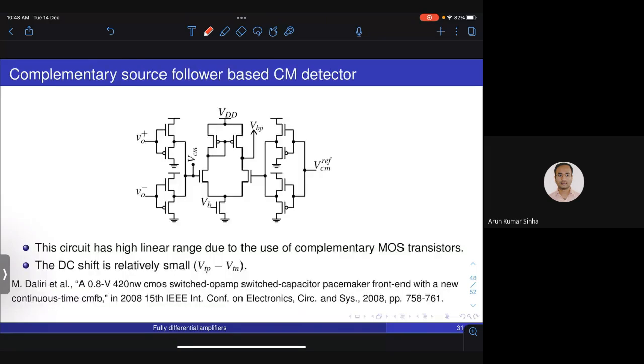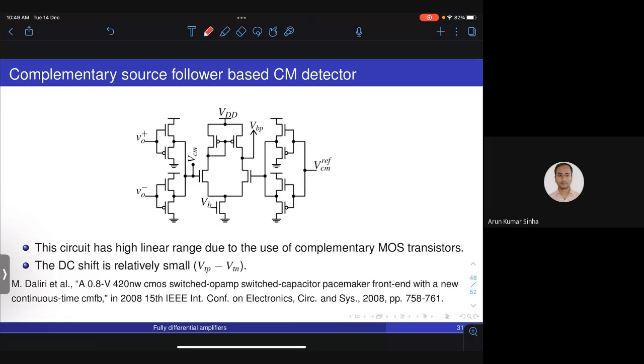Okay, yet another one. Again, a circuit which has a very high linear range. Basically what we are doing here is similar to the source follower buffer, but instead of using a simple source follower, we are using complementary source followers.